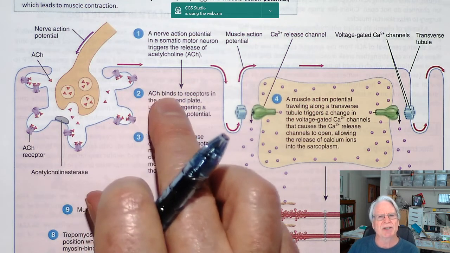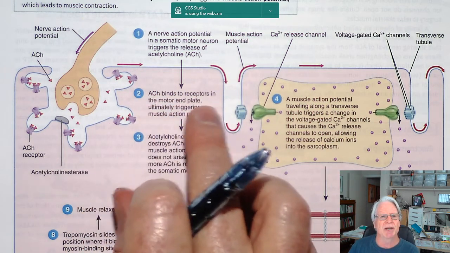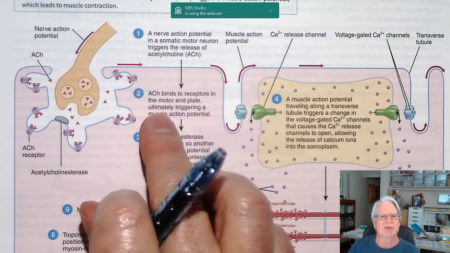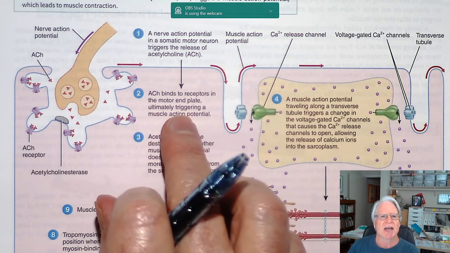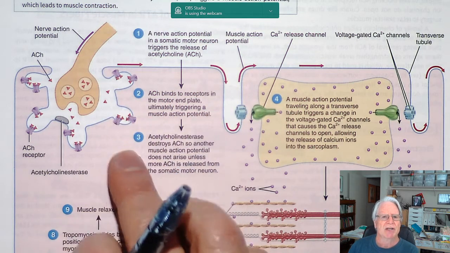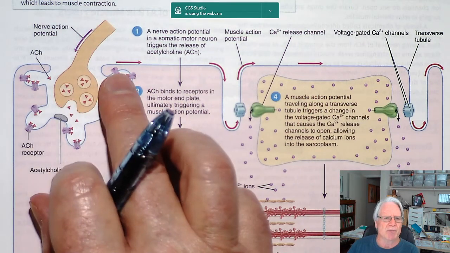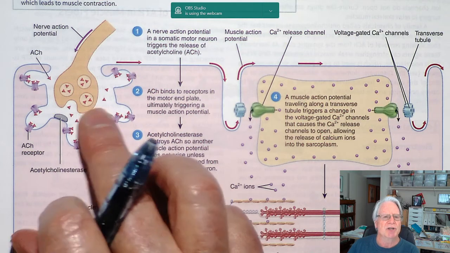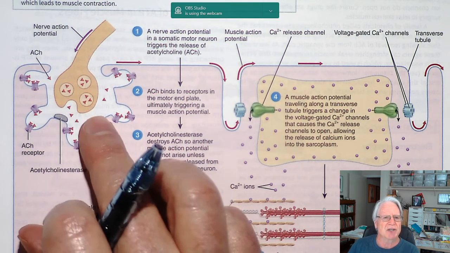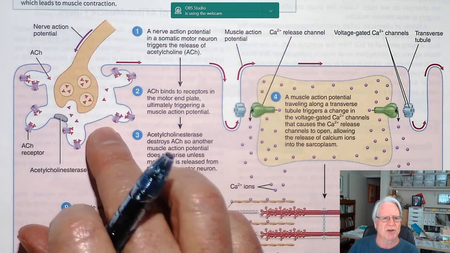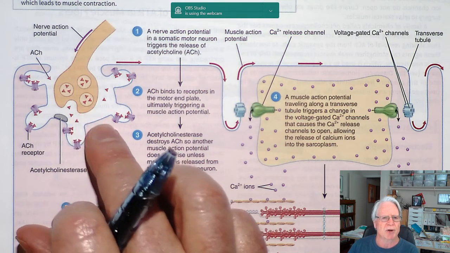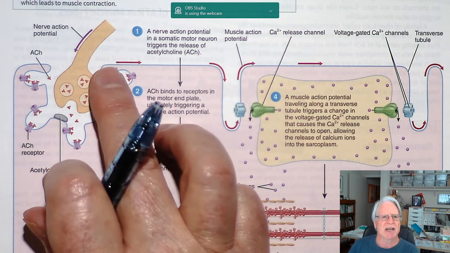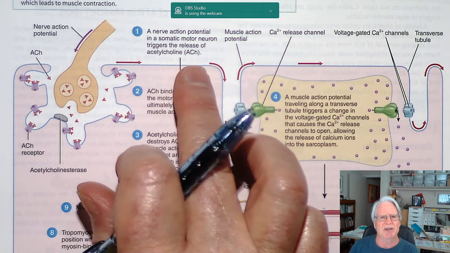So acetylcholine binds to receptors in the motor end plate, ultimately triggering a muscle action potential. Okay, so we're binding, the receptors open, sodium flows in, we change the membrane potential, that is to say we change the charge across the membrane to become more positive. That triggers an action potential, which is then traveling along the membrane.